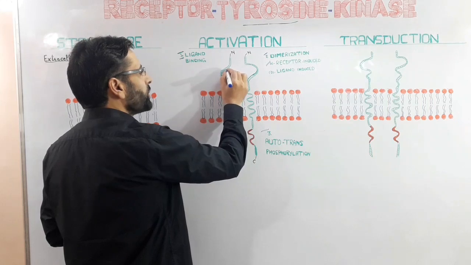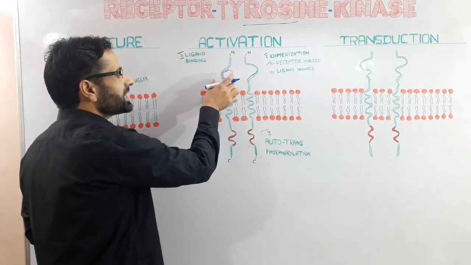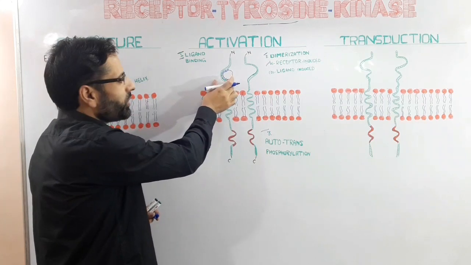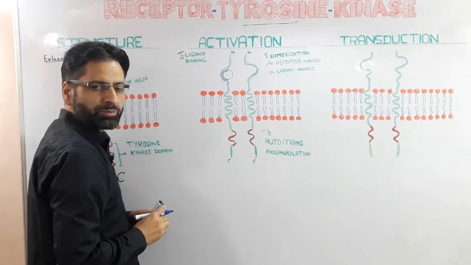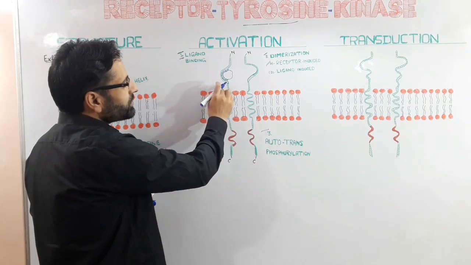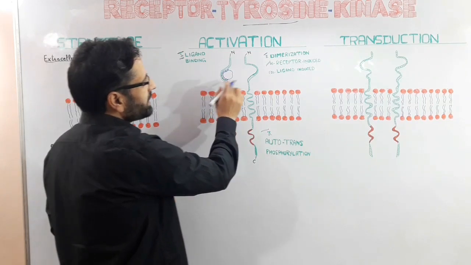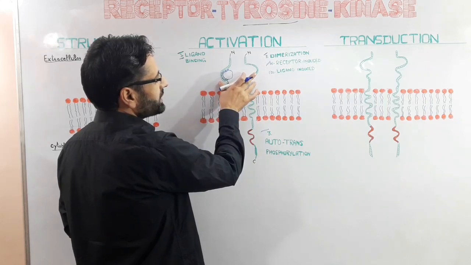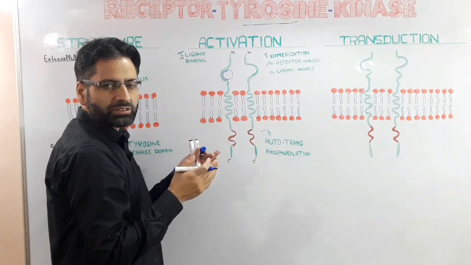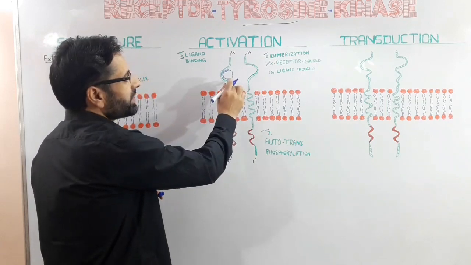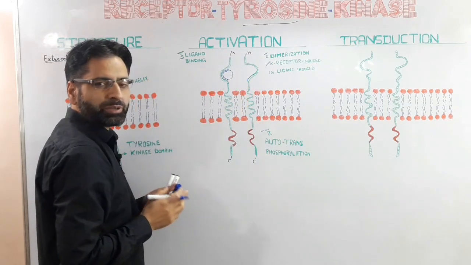This signaling molecule binds to a single receptor. Once it binds to this receptor, it causes conformational changes in this receptor. Because of these conformational changes, it will increase the protein-protein interaction with this receptor and will lead to the formation of the dimer. So this is called receptor-induced dimerization.